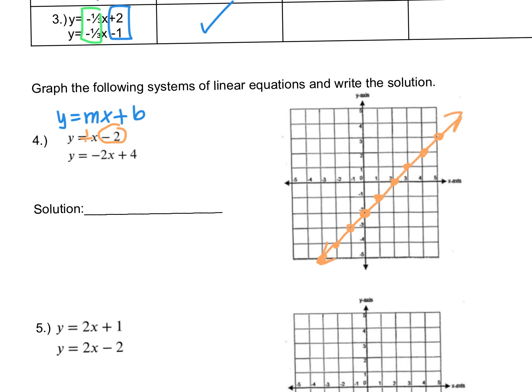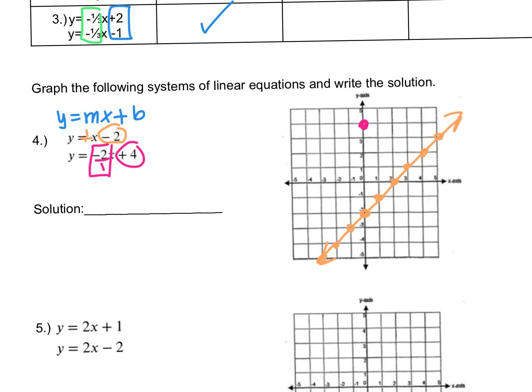Our second equation, we would begin at +4. And now look at our slope. Our slope is -2, but remember we need rise over run, so those numbers we can put over 1. Our slope is negative, so our line should go down.